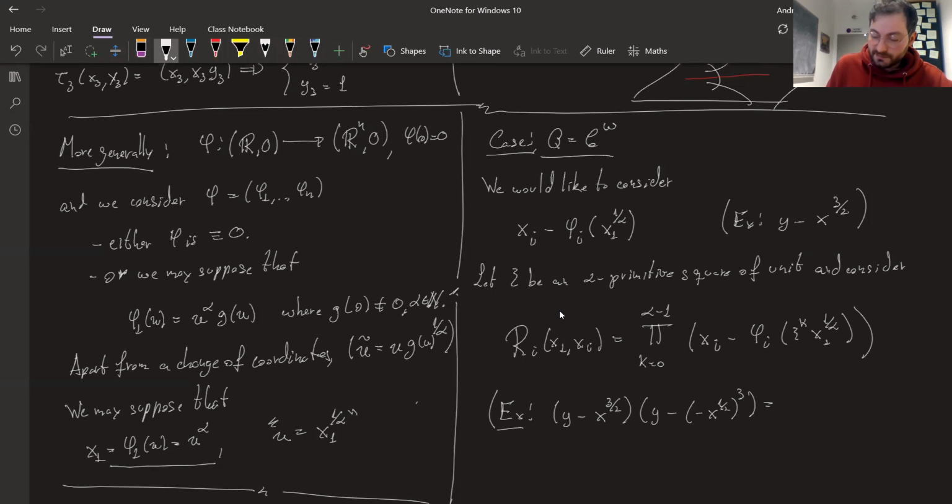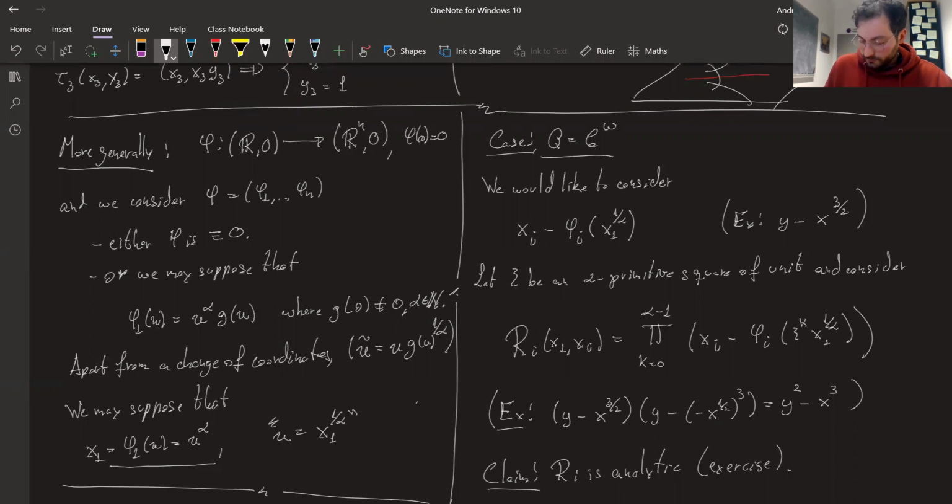This is just going to be a plus, and what we're going to obtain is the cusp. So the claim is that when we do this, we get an analytic function. I'm going to leave it as an exercise because it's not difficult to prove that R_i is analytic.